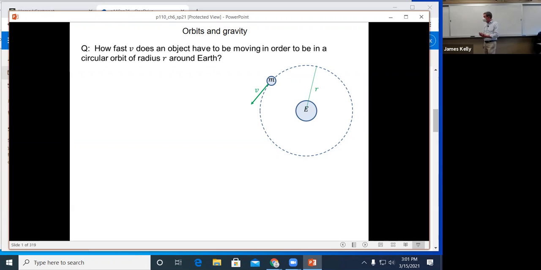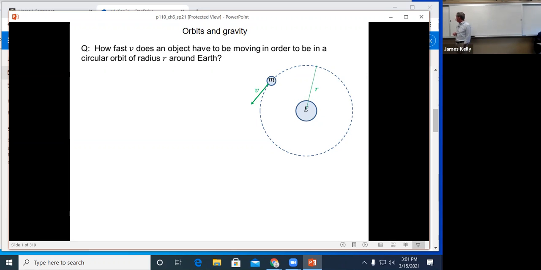Once we did a simple problem having to do with how to use the formula, we discussed how do you know what something like the mass of the Earth is, or the mass of Jupiter, or any other planet? If you look in the back of your book, you'll see numbers for all those. And the basic method is you watch something orbit around it. Draw a free body diagram and do F net equals ma, and you can figure out what the mass is from that, just by knowing the period and the radius of the orbit.